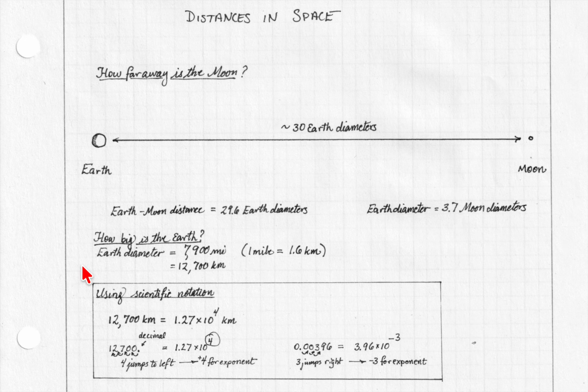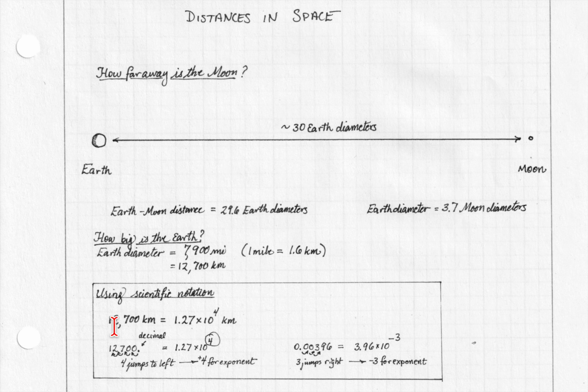But we're very quickly going to get to the point where the distances, the sizes, the masses, the speeds are so great that we can't really afford to write out hundreds, thousands, millions, billions, trillions of miles, of kilometers, of inches, of whatever, because we're simply going to lose track of all the place value. And for that, we're going to use scientific notation. If it's been a while since you've used that, then let me give you a little refresher.